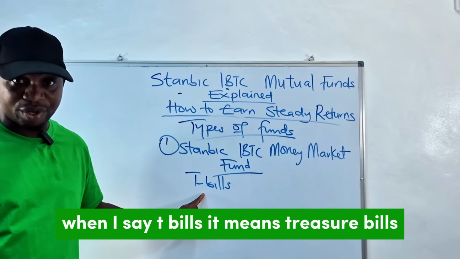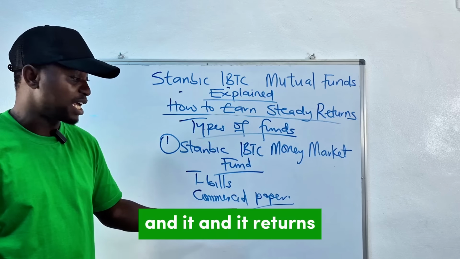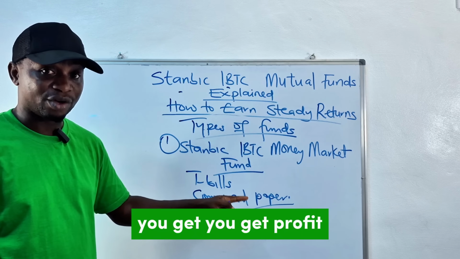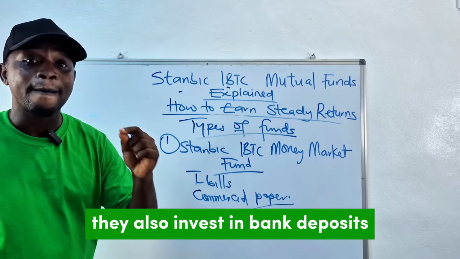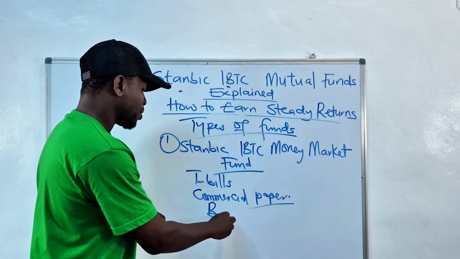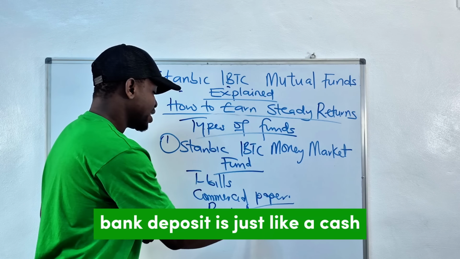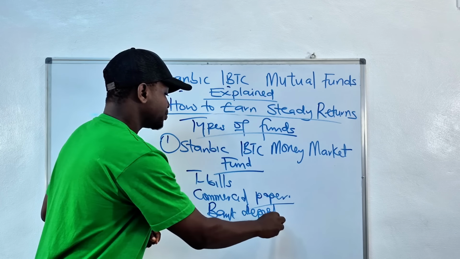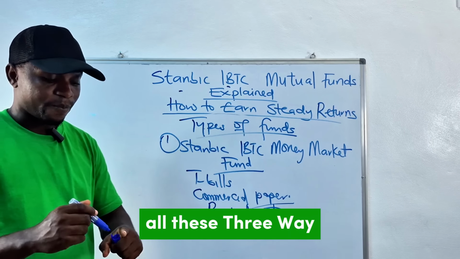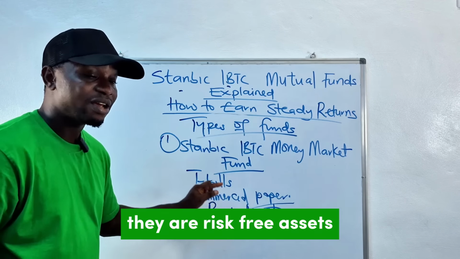This is where your money is given to strong companies to use, and in return you get profit. They also invest in bank deposits. A bank deposit is just like a cash reserve. All these three are low-risk assets. So the main aim of the Stanbic IBTC Money Market Fund is to make sure that your money is safe.